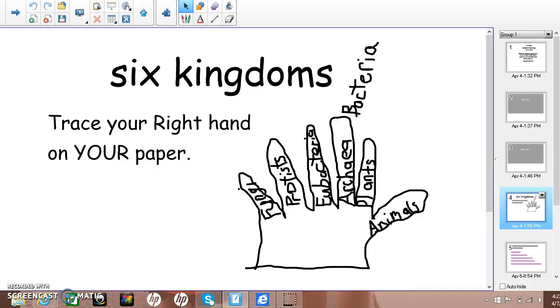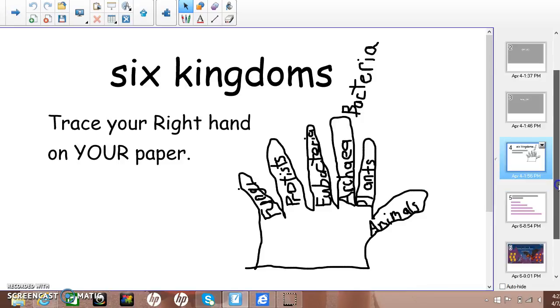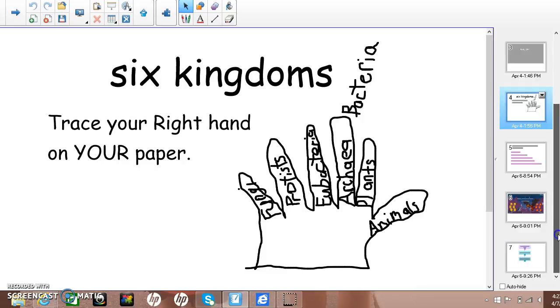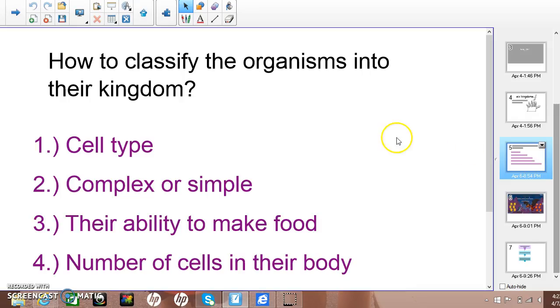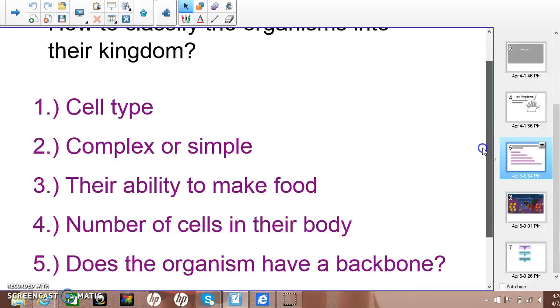Slide number 5. In those six kingdoms, when we classify an organism that I will give you, you classify them by their cell type, whether it's complex or simple, their ability to make food, how they make food. I have a question. Yes.